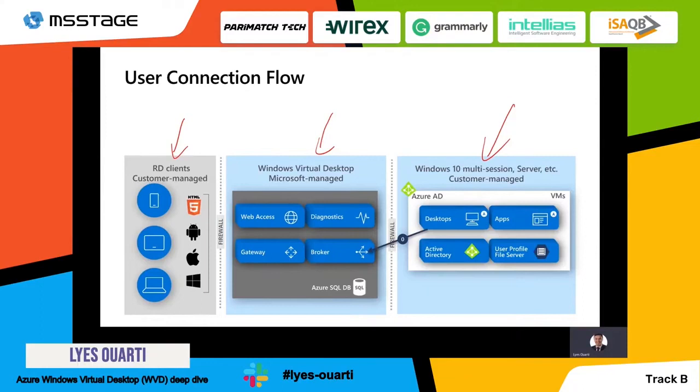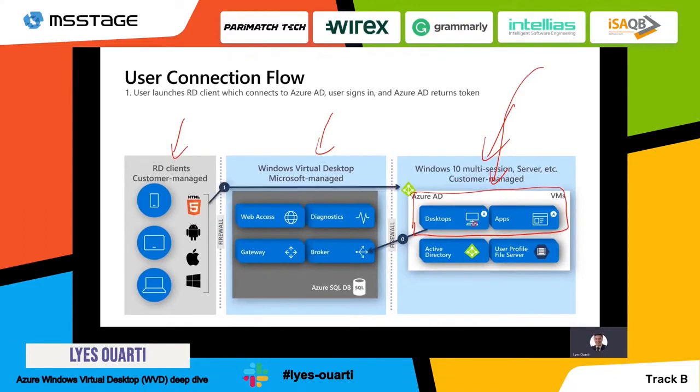First of all, we have a very small Windows Virtual Desktop agent that runs on the VMs, and these agents do an outbound connection into the broker. This is what you see here as 0. That's why these VMs don't require a public IP address, because they are never accessed from the outside using a public IP address. They make an outbound connection through a secure tunnel into the broker in the Microsoft managed control plane.